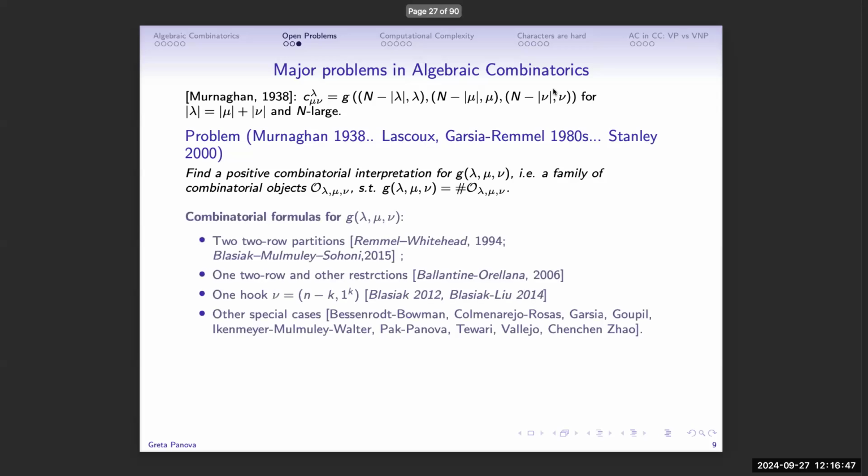So there hasn't been that much progress on that problem. There are only very, very special cases. Probably one of the most general cases is by Blasiak, and later with Ricky Liu, when one of the partitions is a hook, so it has one long part and then 1, 1, 1, 1, and the others are arbitrary, there is a way to say that the Kronecker coefficient is counting some type of tableau with two types of letters inside and so on and so forth, but that's the most general.